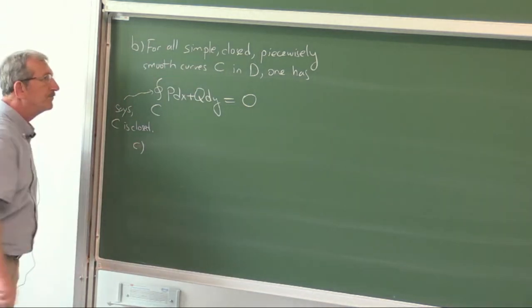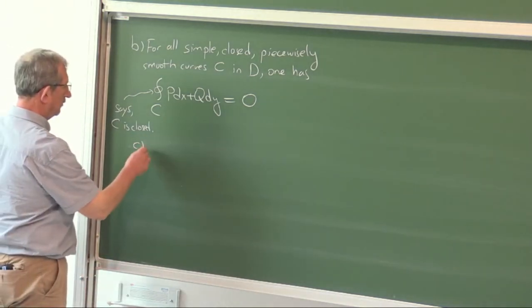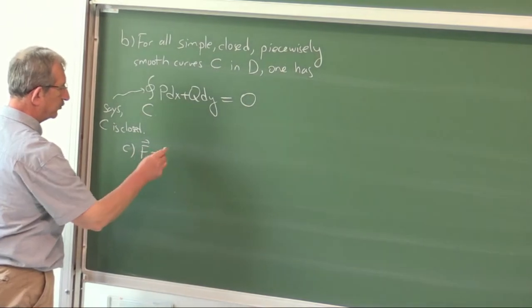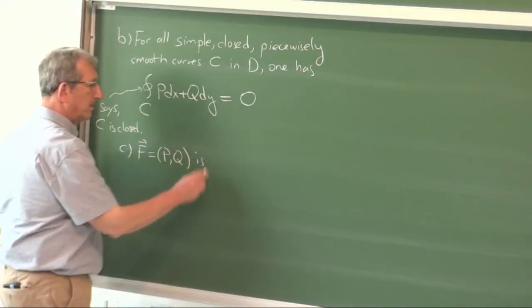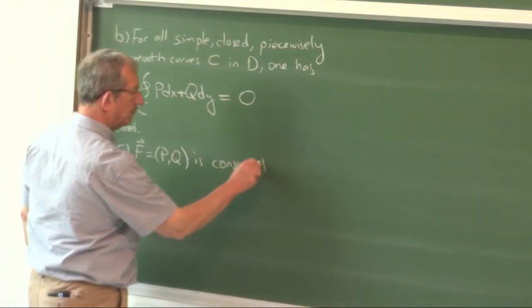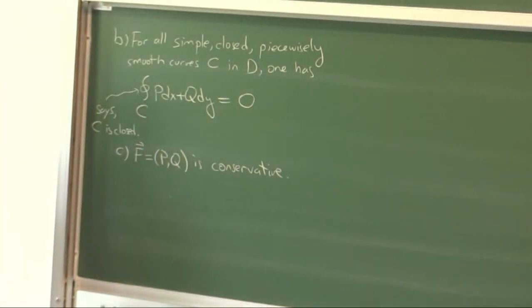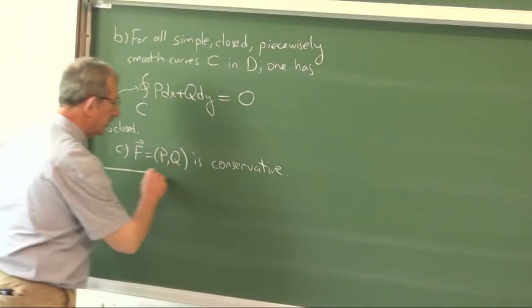And third, F(x,y), that is (P,Q), is conservative. So these are all equivalent to each other.